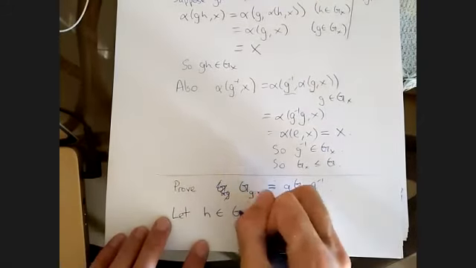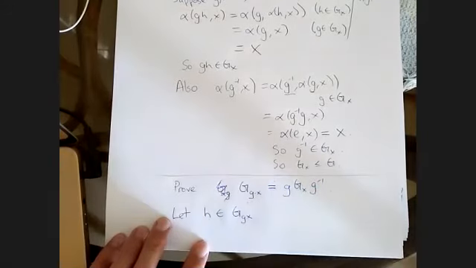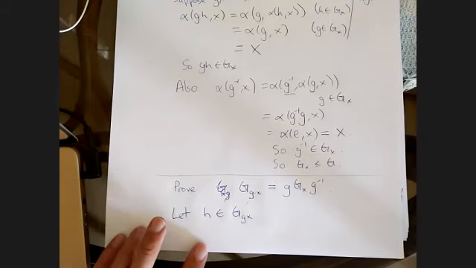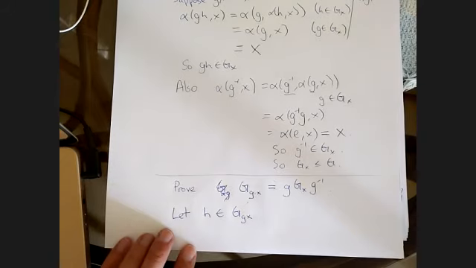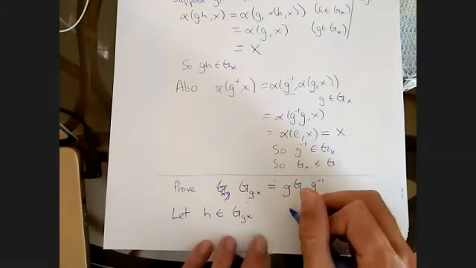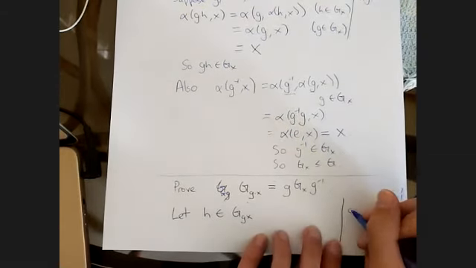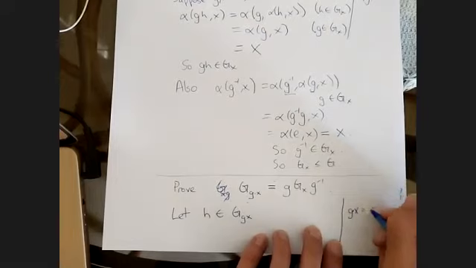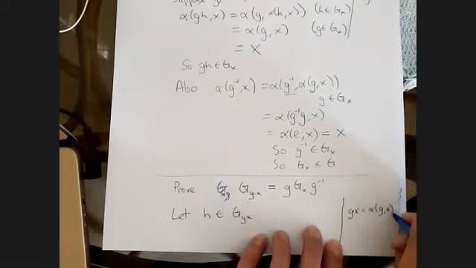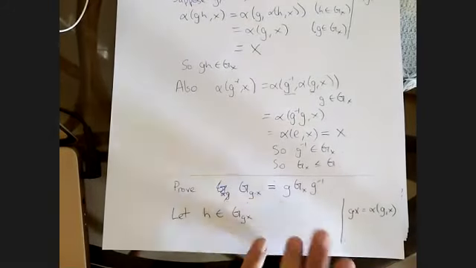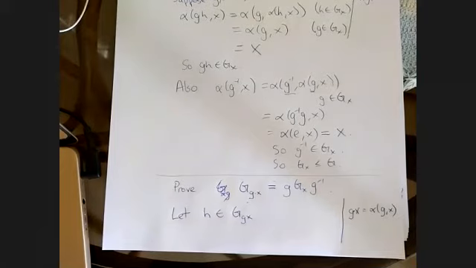So let h be an element of the stabilizer of gX. Here gX refers to, again, just alpha(g, X), but I didn't want to put an alpha in the subscript.